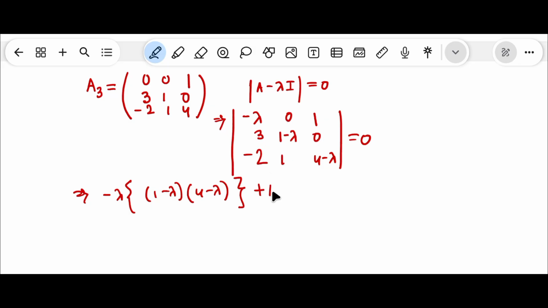So now we have 1 into (3 - (-2)), that is plus 2 into (1 - λ). This equals 0.